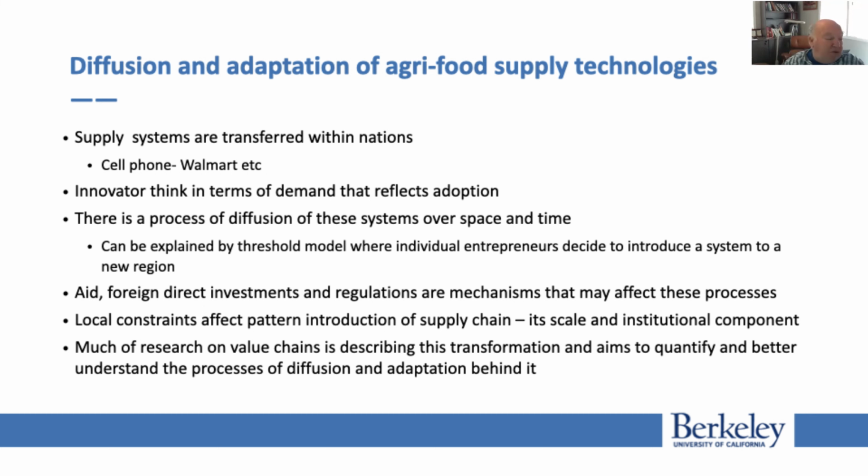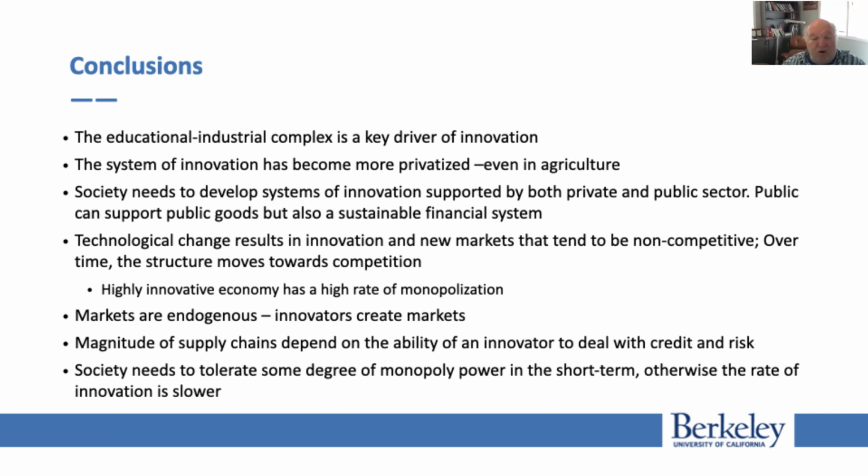So what are my conclusions from all this? First, in the modern world, the educational industrial complex is the key for innovation. The university may produce the innovation, but the supply chain is private, so you need public-private partnership, good universities and a good private sector.